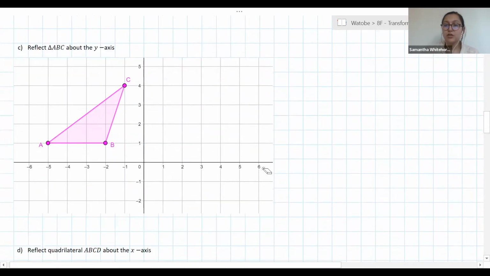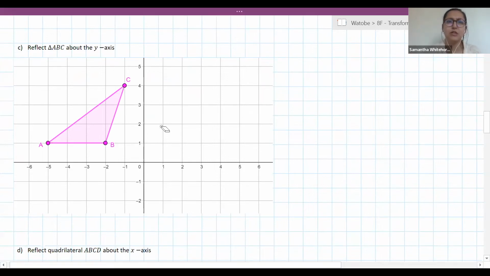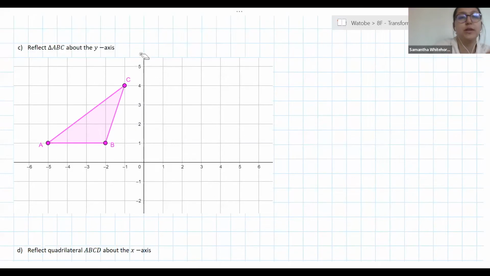So the next transformation that we spoke about were reflections. So remember, a reflection is a mirror image of a point or of a shape, and we always need to know the line of reflection. Now, in grade 8, we generally deal with 2 lines of reflection, and in this case, I'm telling you to reflect it about the y-axis.